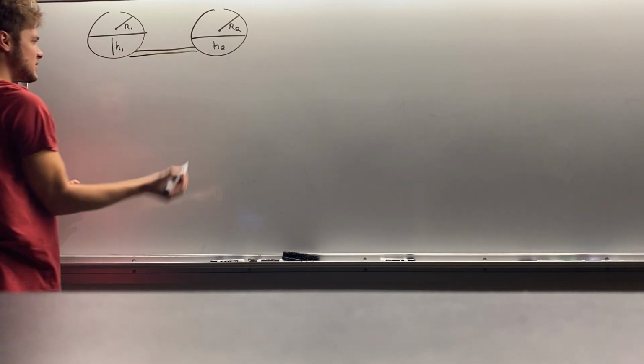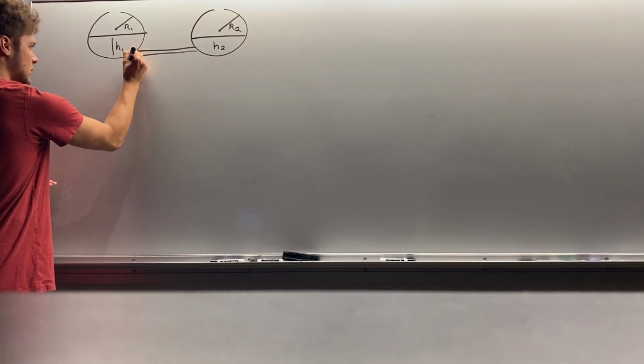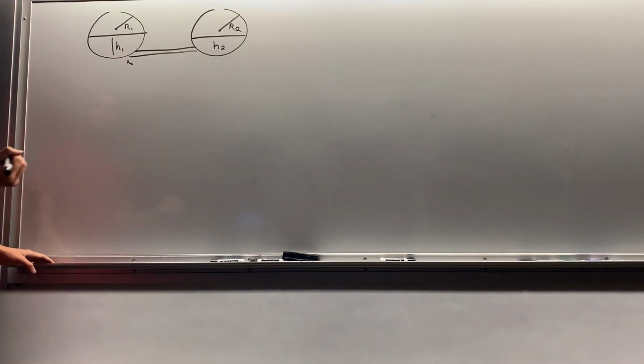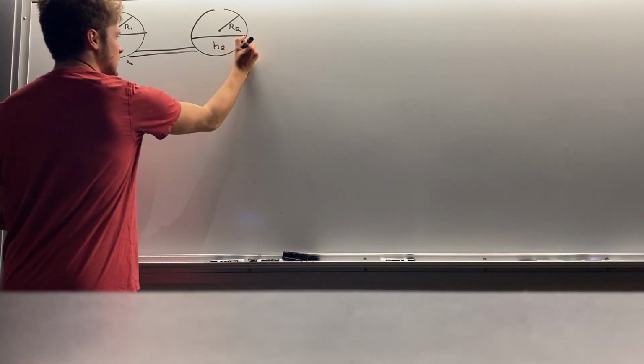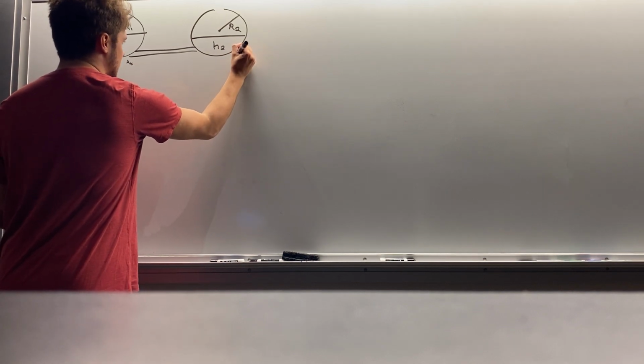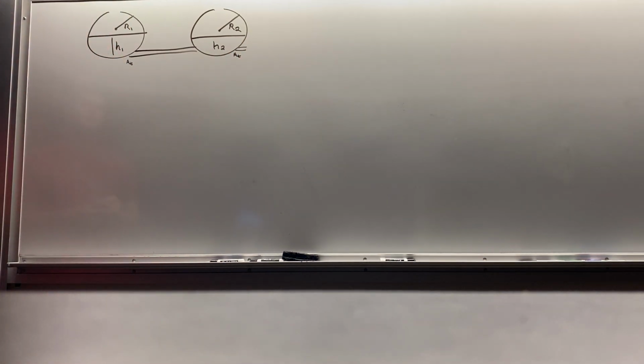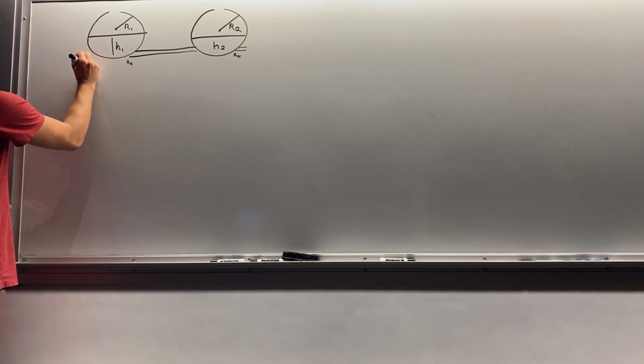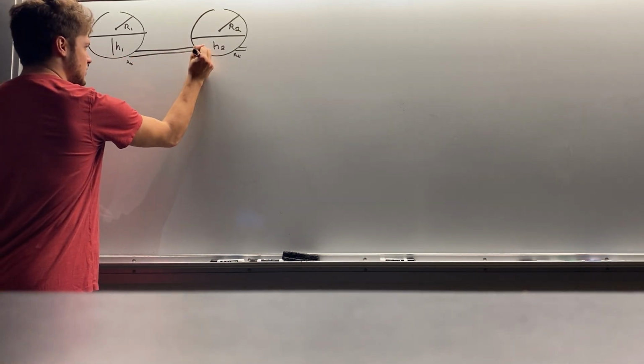They're connected by some tube that has an area, and tank 2 has a tube of an equal area leaving it. I'm just going to name these tanks tank 1 and tank 2.